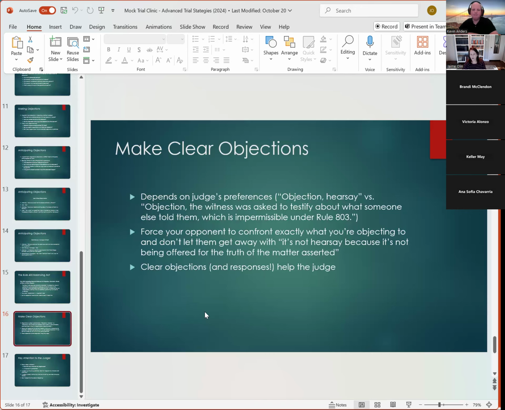And it's also important that you don't let your opposing counsel get away with just giving a real short and non-descriptive explanation for why, like for example in this bullet, why it's not hearsay because it doesn't meet the definition of hearsay. Okay, that might be true, but you are going to want to explain why it doesn't meet the definition of hearsay.